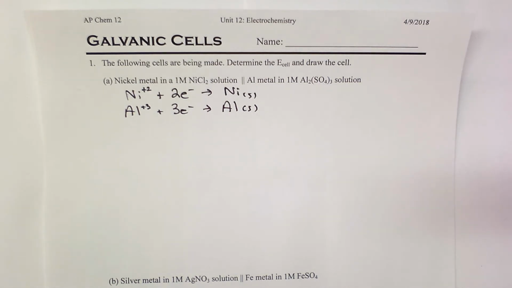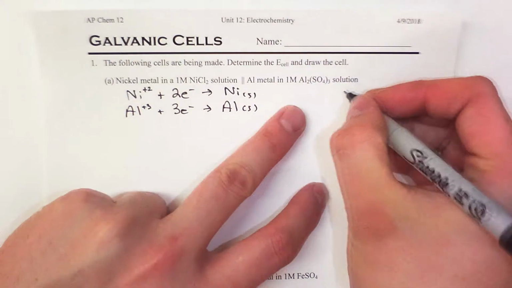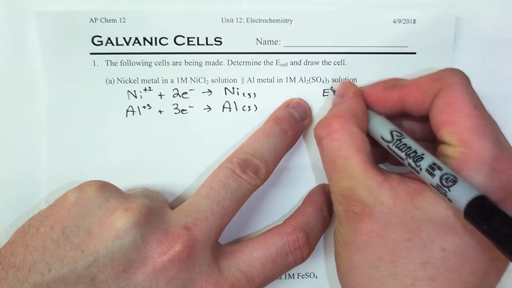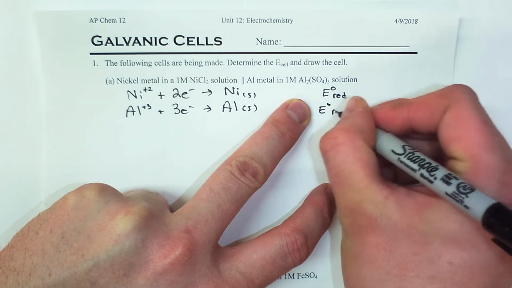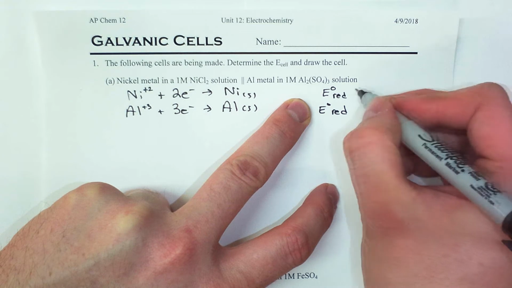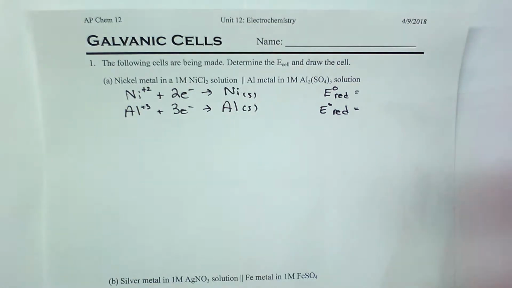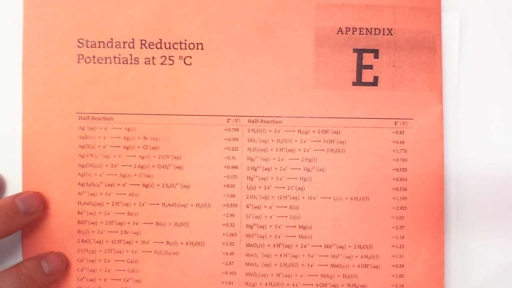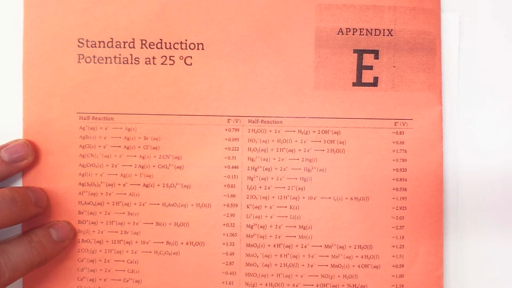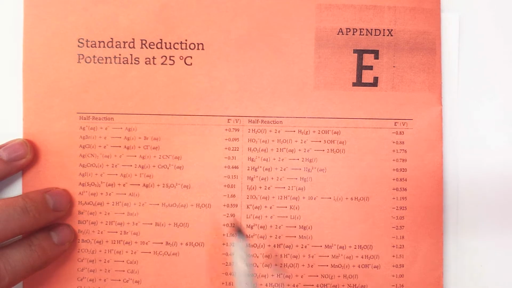The next thing I have to do is get what we call their standard reduction potentials. So we write E standard reduction, E standard reduction. We get those from our Appendix E, the booklet listed as Appendix E. We're going to find the two reactions.